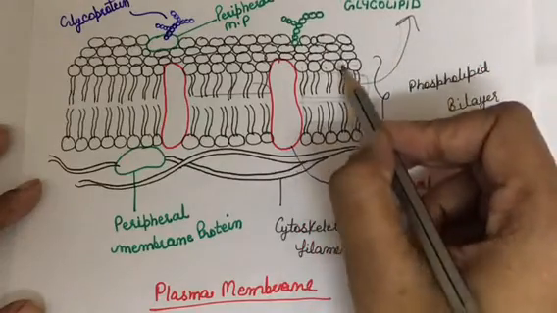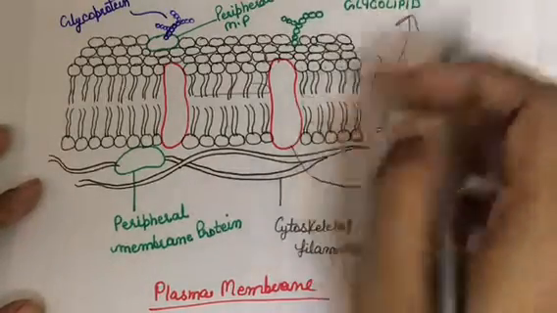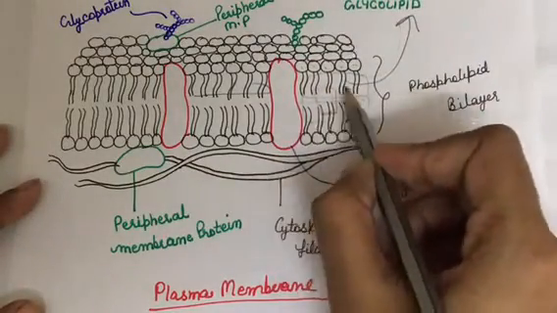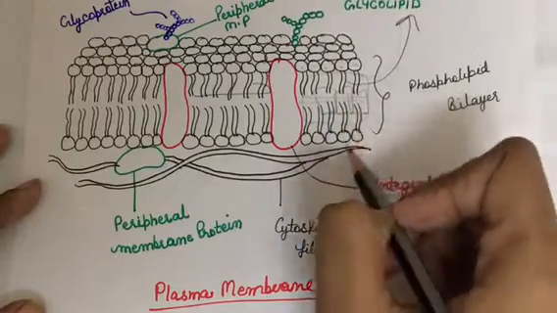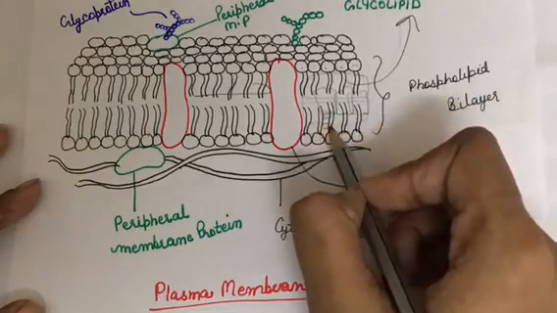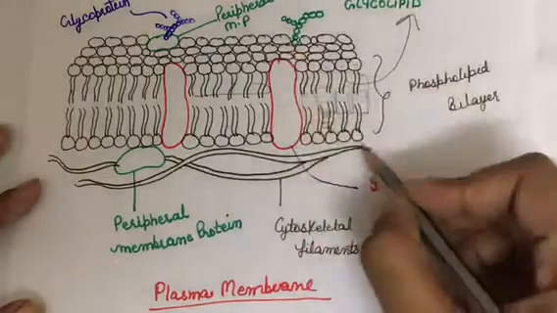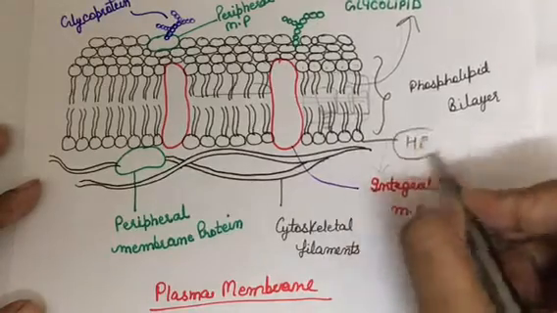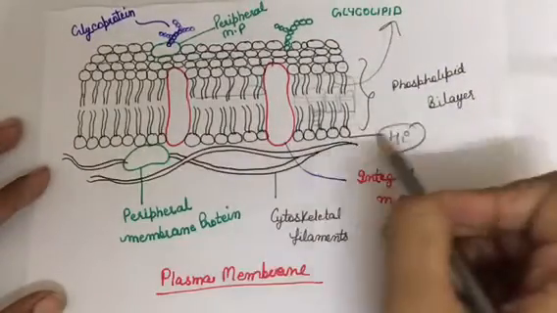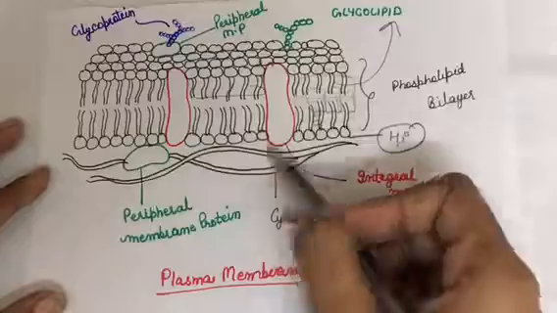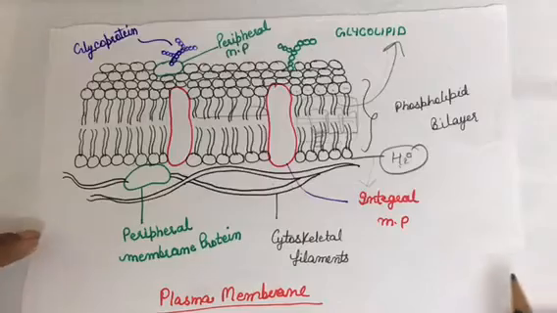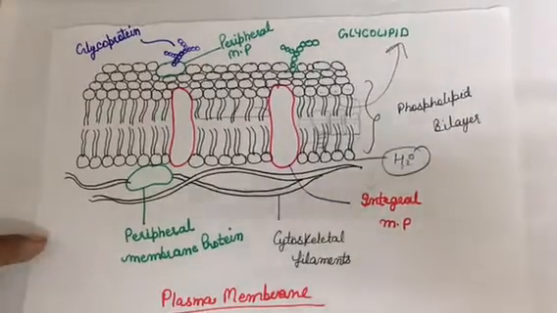Once formed, the bilayer structure is maintained by multiple non-covalent interactions, including the hydrophobic interaction with each other, and van der Waals forces between the hydrocarbon chains, right? And what else? Hydrogen bonding between the polar head groups and the aqueous solution. These multiple forces help them maintain their shape, size, and fluidity. About the plasma membrane, in my next video I'll talk about it in detail.